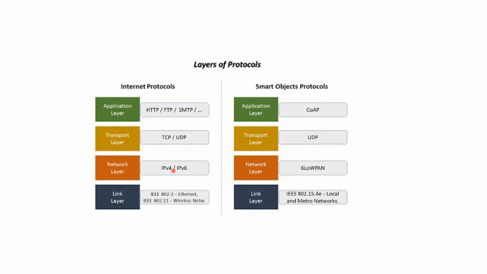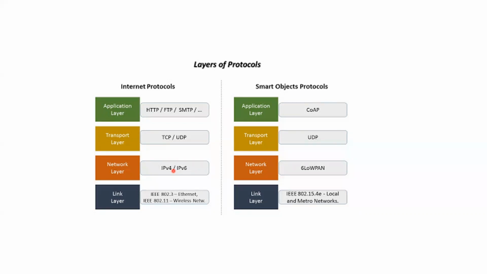The improved version of IPv4 is the IPv6 protocol, which is called version 6, the successor of IPv4. It is very similar to IPv4, but the number of bits in the header is increased from 32 to 128. So 128 bits are used, and the address which identifies the device is 128 bits wide.